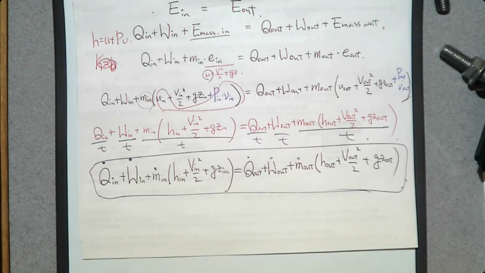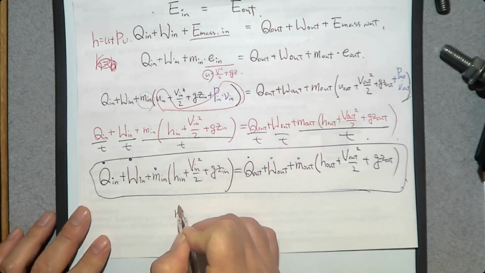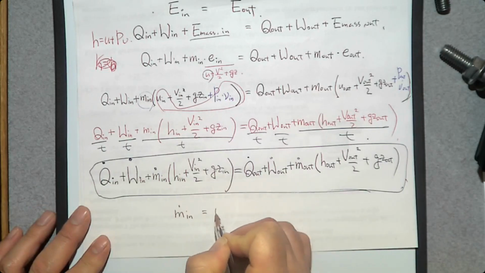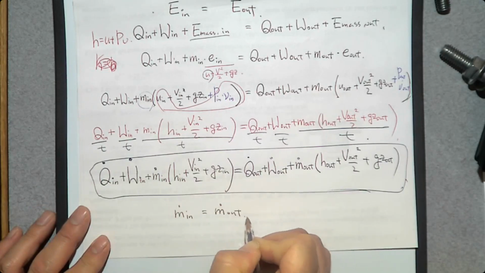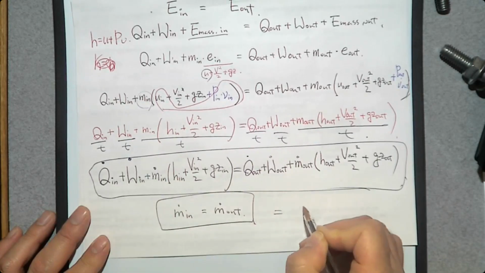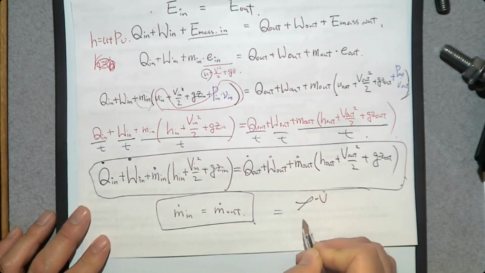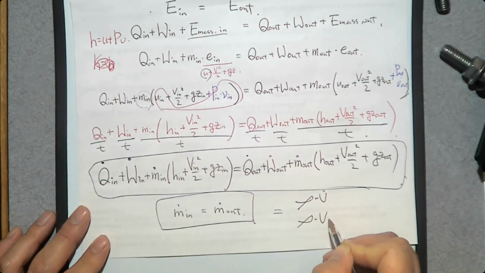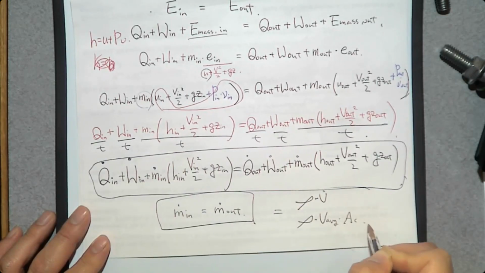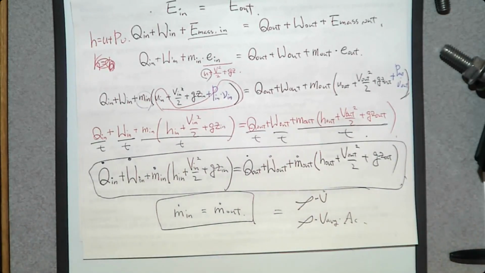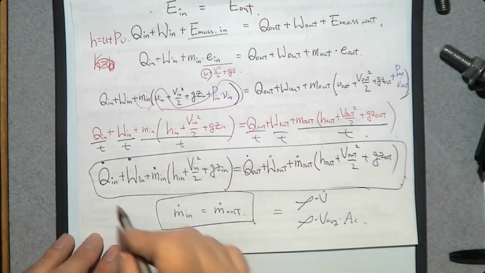Mass conservation. So we can apply mass conservation. M dot at the inlet should be the same as m dot at the exit. And this m dot can be determined by density times volumetric flow rate, or density times average velocity times cross-sectional area. That's all. Not anymore.